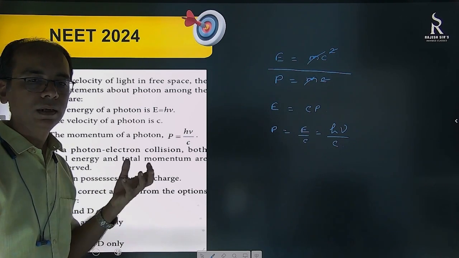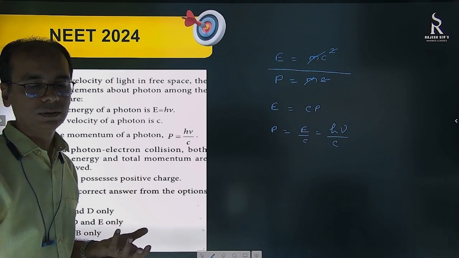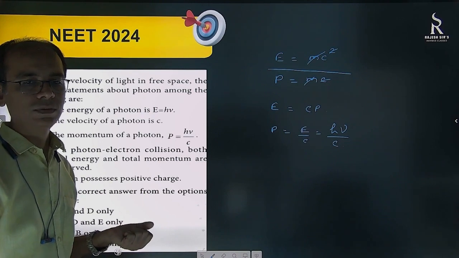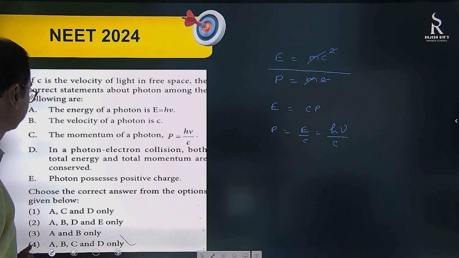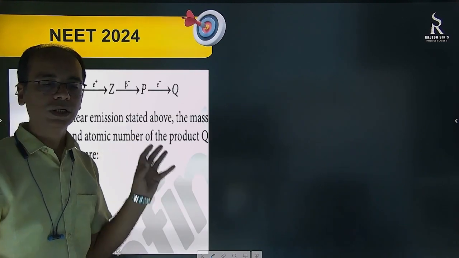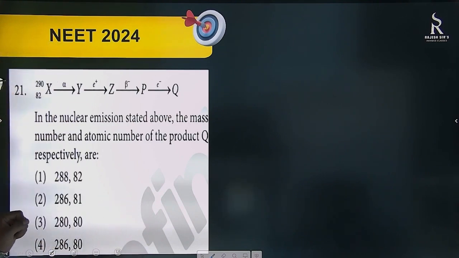And in any type of collision, we know that momentum is always conserved. So here energy is also conserved and momentum is also conserved. So our answer is D. D option is correct. Okay. Conceptual question again, but because we have to check all the four options, we can say it's lengthy. Alright. Okay, let's see now.